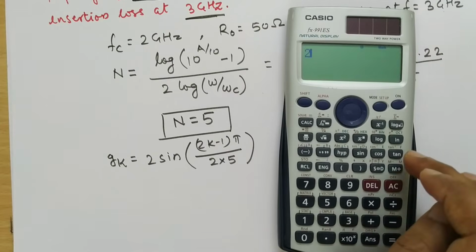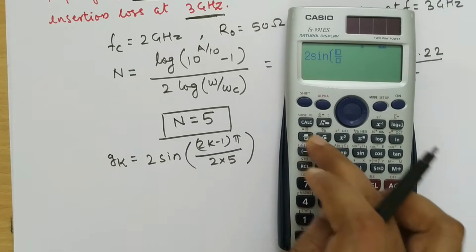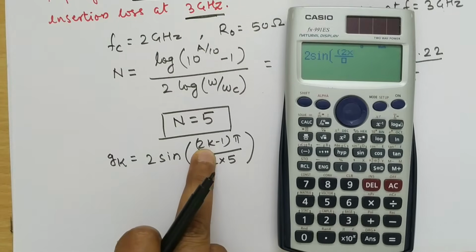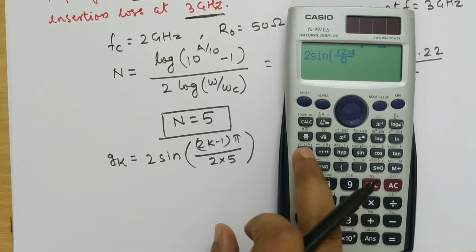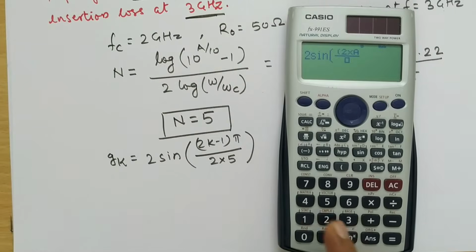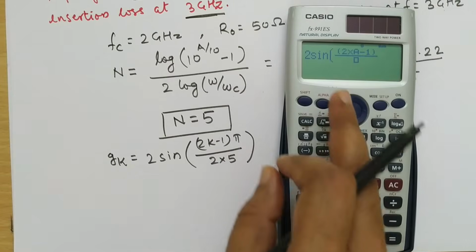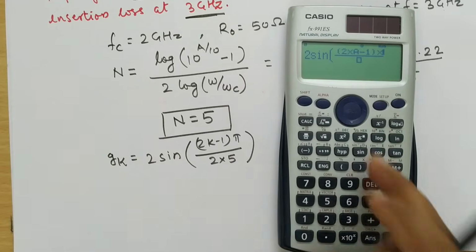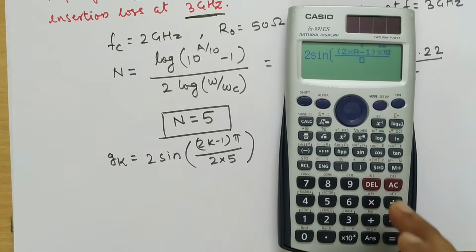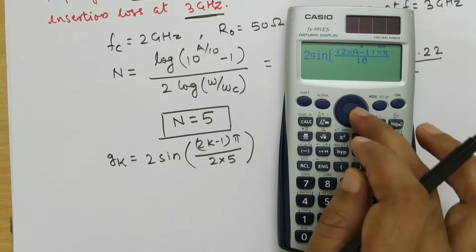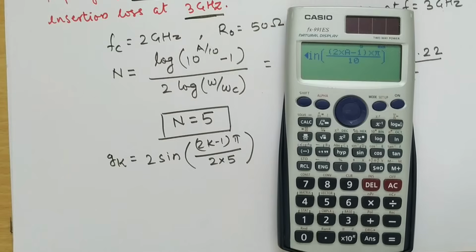2 sine, above it is 2 into k. In place of k I will take a variable a here, which can be used by typing alpha and then a, minus 1, bracket close, so it is (2a minus 1) into pi, shift pi, divided by 10, and then we will close the bracket.